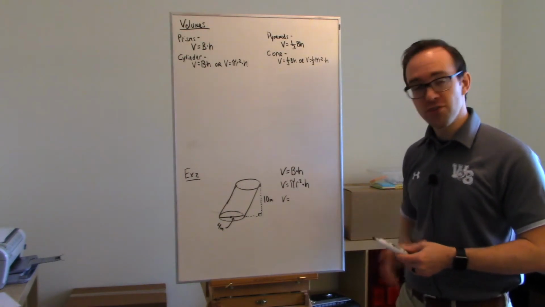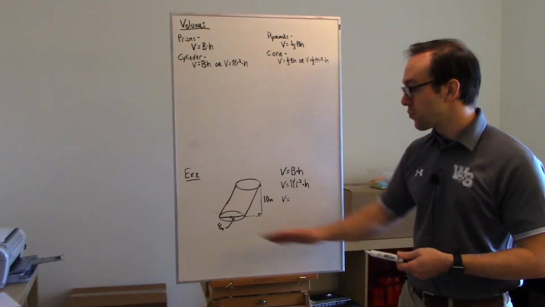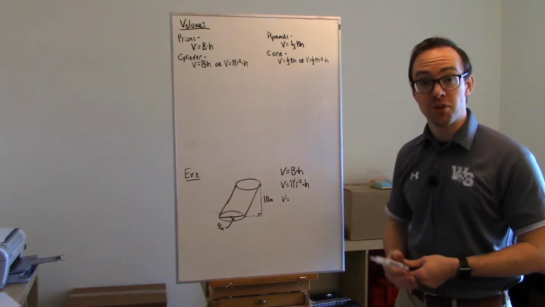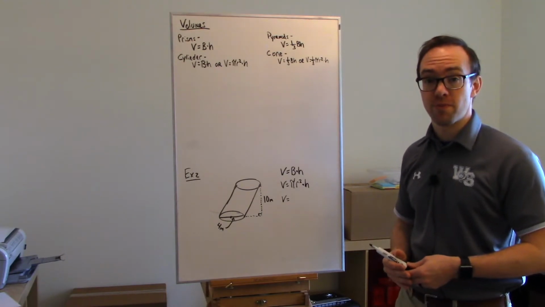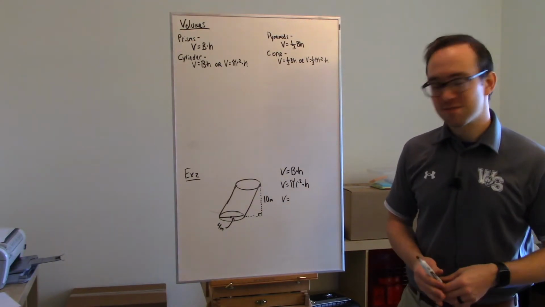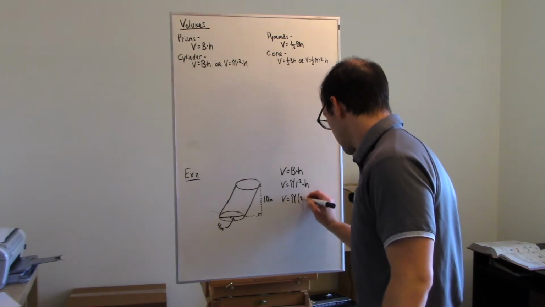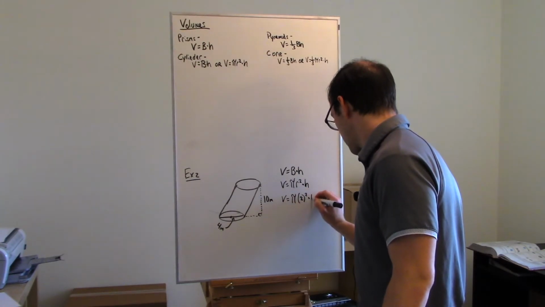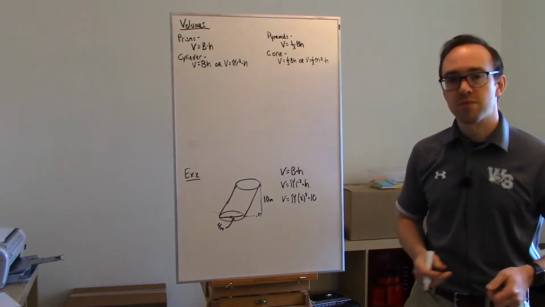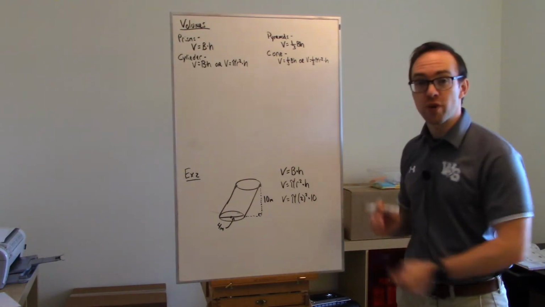The height is 10 meters. The radius is half of this diameter, so 2 meters. And then we'll calculate. So pi times 2 squared times 10.